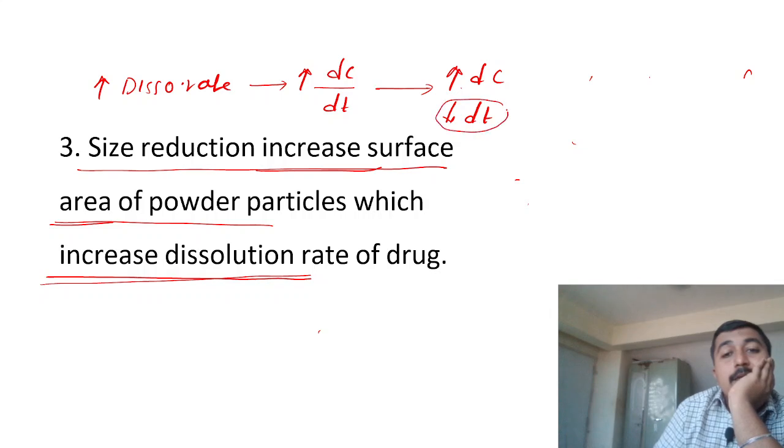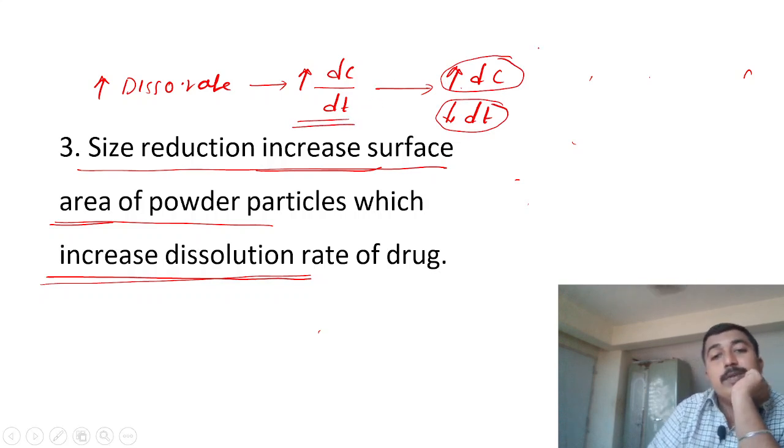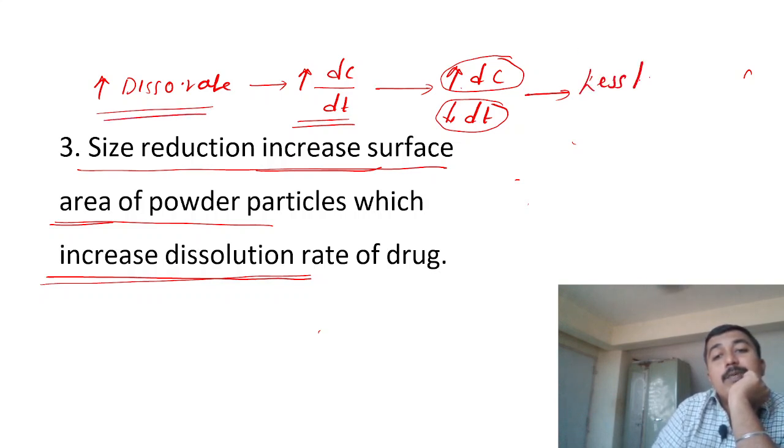Means time required will be less and more concentration of drug dissolved. Then only you will get more dissolution rate. Means in short, more dissolution rate means less time required for dissolution, and less time required for dissolution means, in short, fast dissolution.